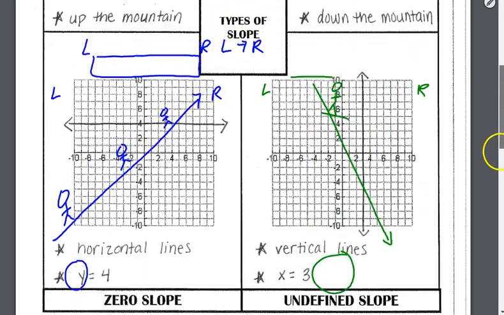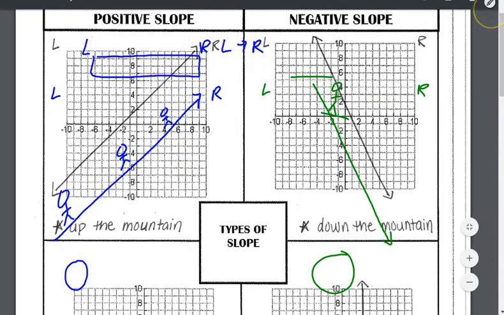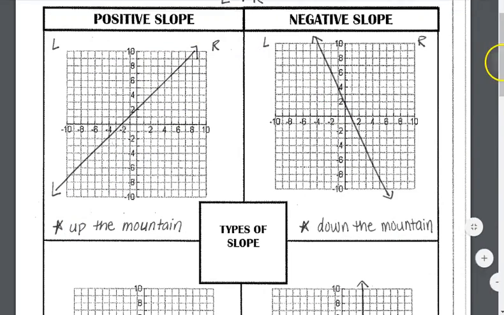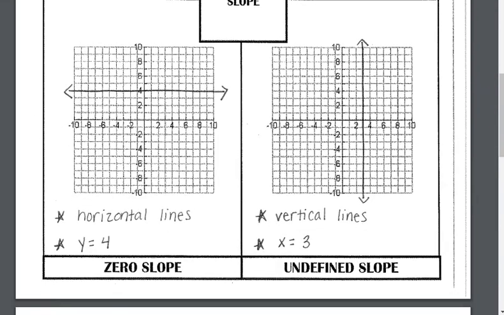And then our other 2 types of slopes are the special case slopes, which is zero slope and undefined slope. So zero slope is for horizontal lines, so lines that go left to right. Then there are those y-equal lines that we talked about 2 note sheets ago.